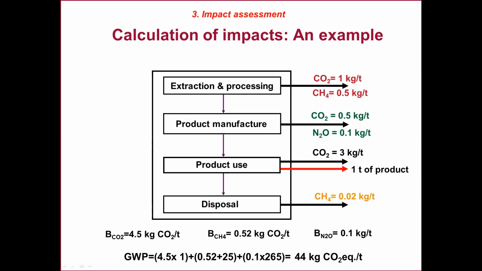Then these are multiplied by their potency factor, or characterization factor as it's called. For carbon dioxide it's 1, for methane 25, nitrous oxide 265, and that gives us the net value.